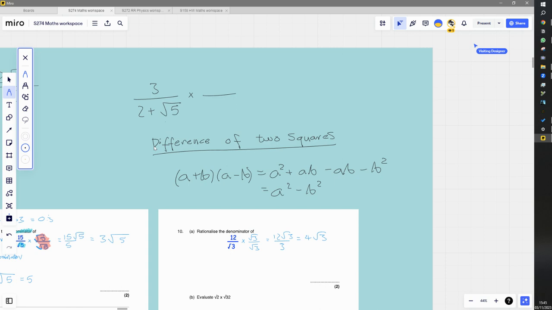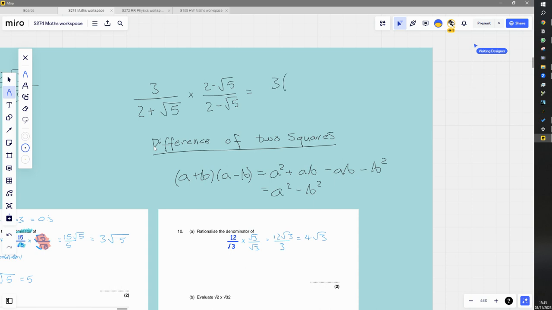So I take this bit here, 2 plus root 5, and I take this thing here and change it to 2 minus root 5. And at the top, I need to put the same number, the same value, otherwise I would be changing the expression. Now let's just do the bottom first.